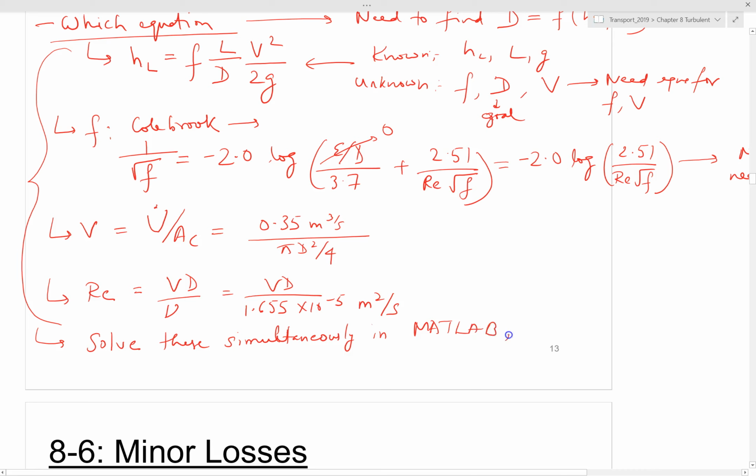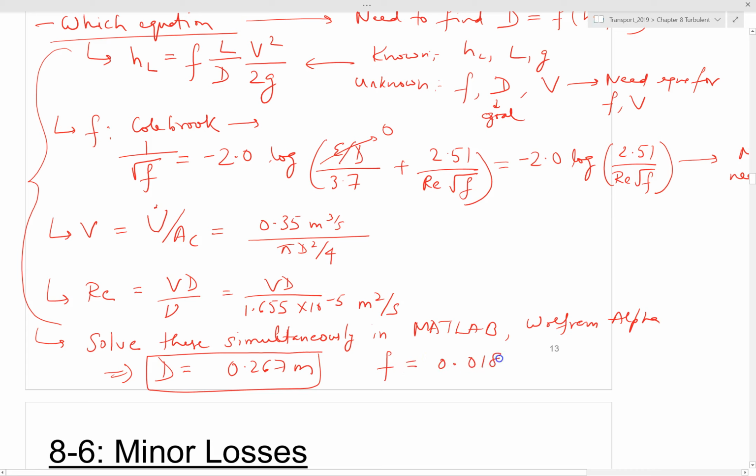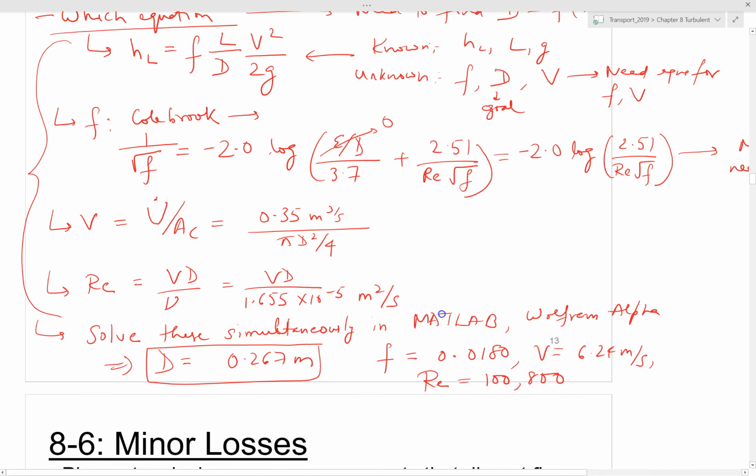In MATLAB, or from Alpha or any solver, you can get D, and you find D is 0.267 meter. F is 0.0180, V is 6.24 meter per second, and your Reynolds number, when you solve it, is this value.